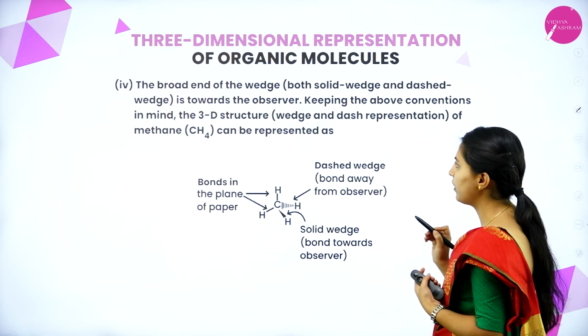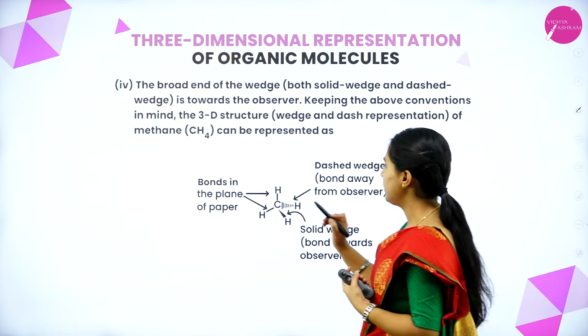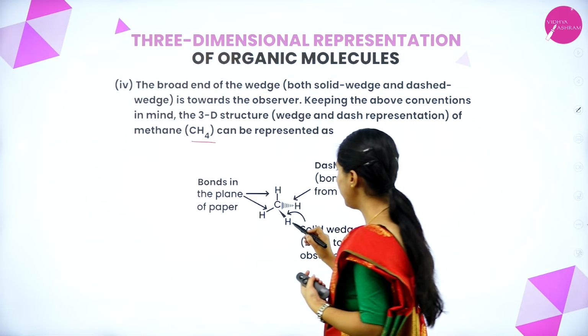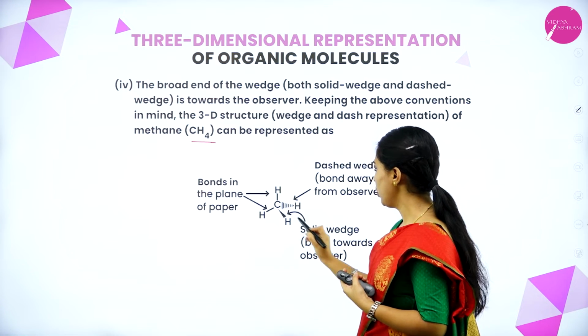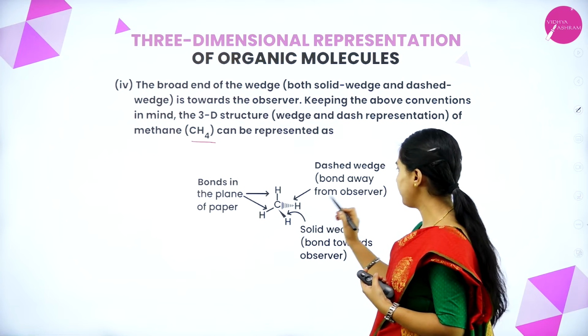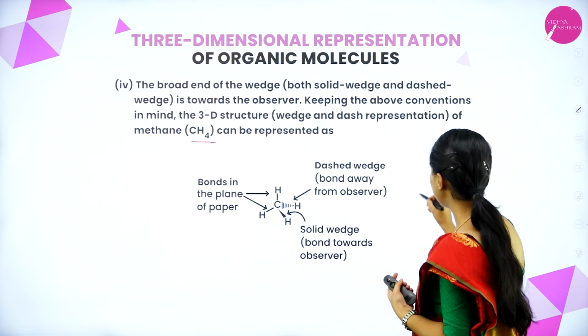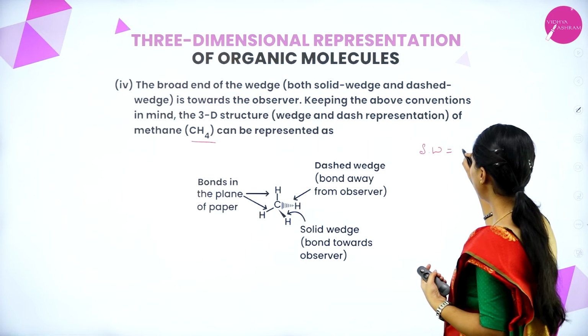Keeping the conventions in mind, the 3D structure of methane. This is the methane structure. How have they written it? CH. This is a solid wedge towards the observer. This is on the plane. This is far away from the observer. You can tell like this, the solid wedge is above the plane also.